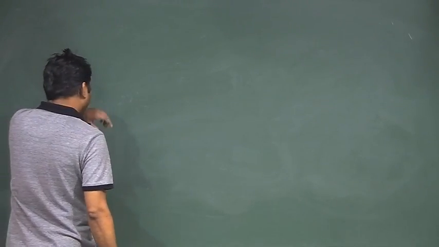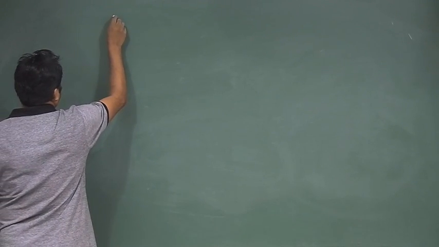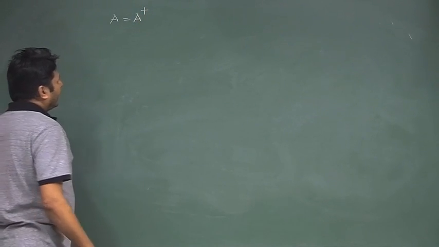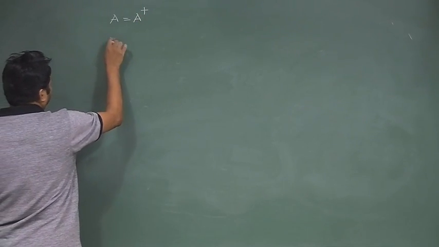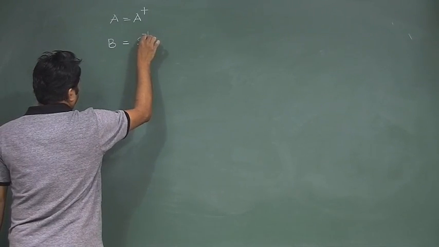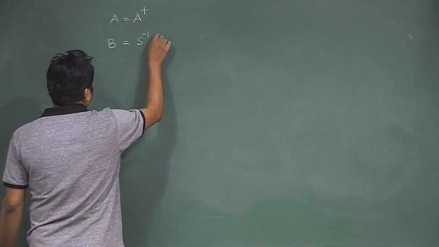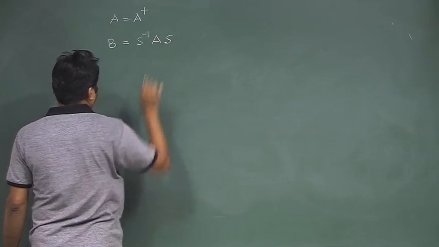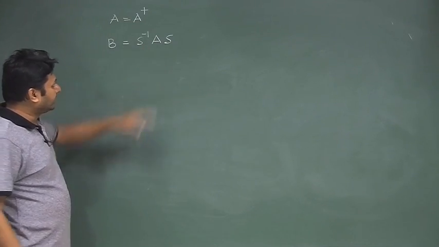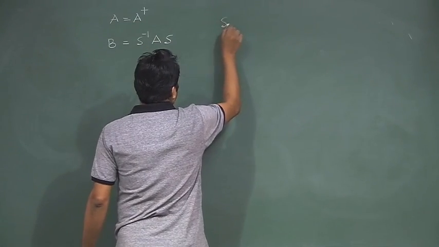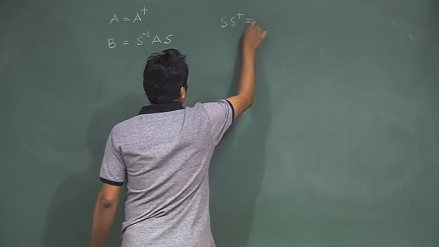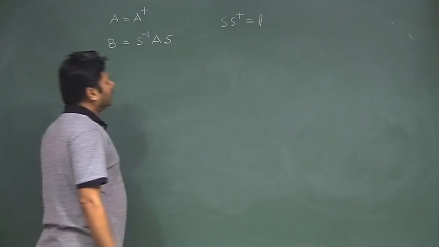Say A is a Hermitian matrix, and B is a similarity transformation like this, with the fact that S is a unitary matrix, so S dagger is equal to S inverse.